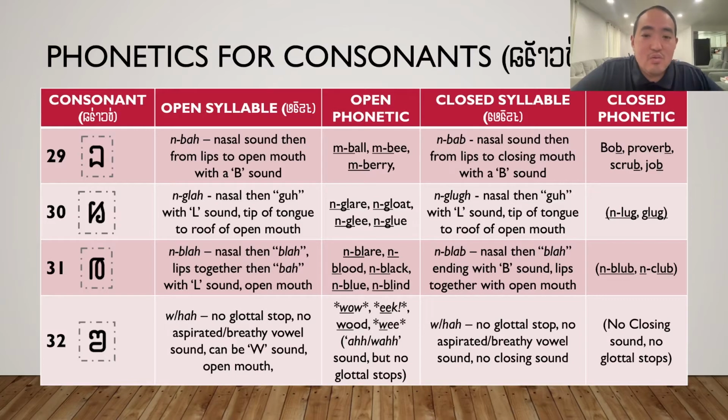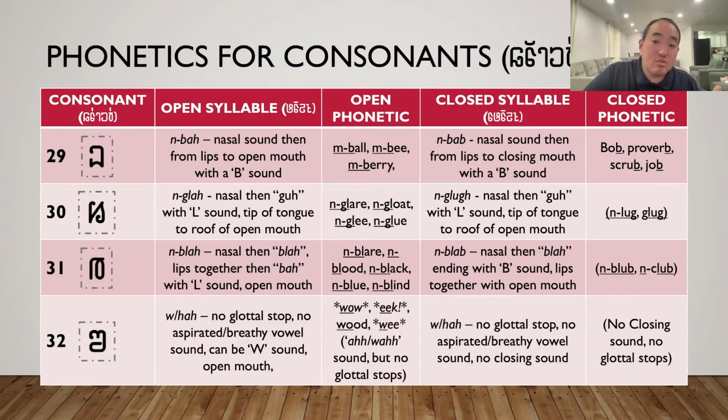So you'll see in the word like blair or blood or black or blue or blind, right? And that's how you pronounce the open phonetic sound for blah. Now for the closed syllable, this is how it's pronounced: blub, right?